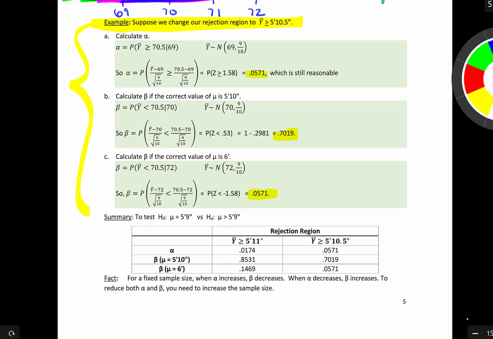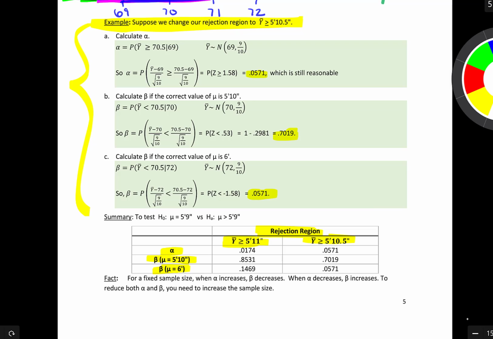And then here in this table, we have the comparison between the two. Notice we have two different rejection regions, and then we also have two potential values for the type 2 error depending on where in the alternative we specify the true value of mu, and then we have alpha.